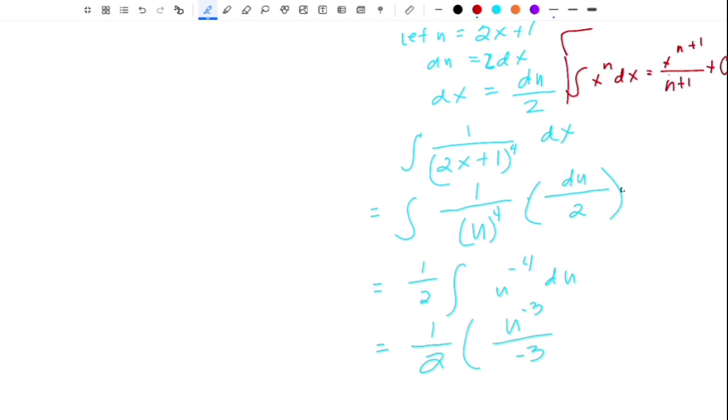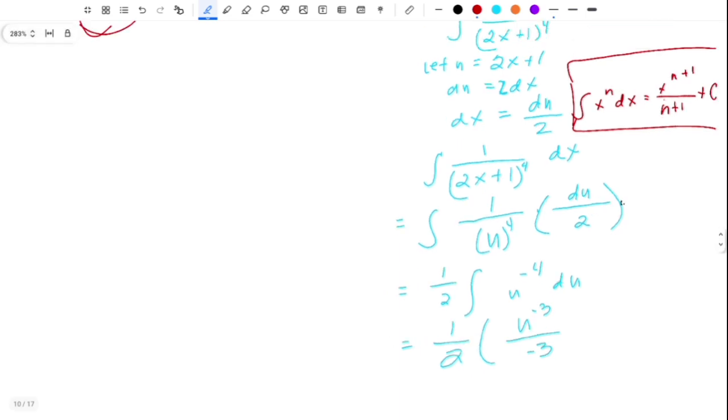This is the power rule in antiderivative, which is integration. We apply this to this problem. Our x is u and our n is negative 4. Negative 4 plus 1 is negative 3, so we have u to the negative 3 over negative 3 plus c.